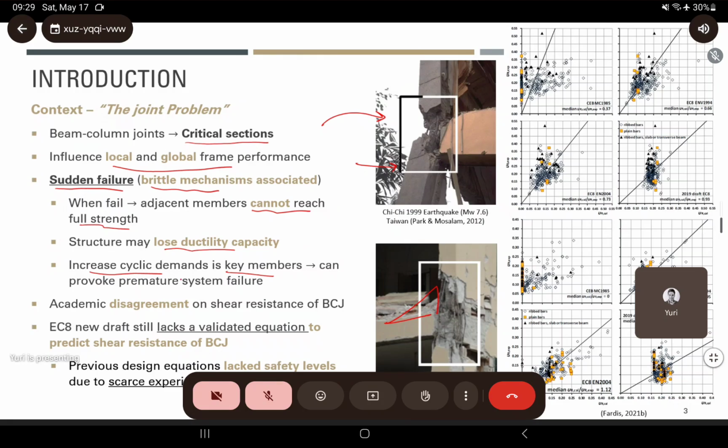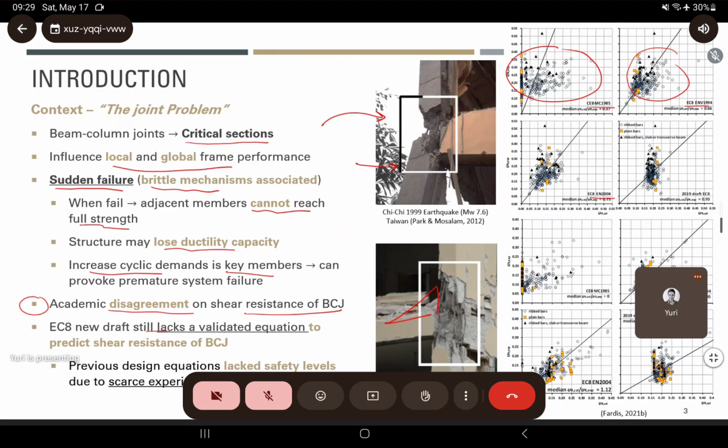Okay. About the academic situation, there is a huge debate on reinforced concrete joints because of this. All right. So in the experimental campaigns that we have, we see a great deal of scatter when we see the provisions related to the shear strength of reinforced concrete beam column joints.